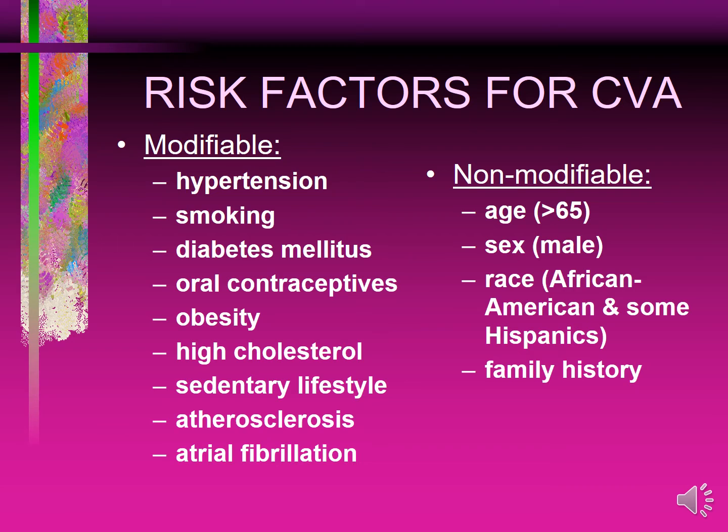If you haven't listened to that lecture yet, you'll notice that when you do listen to it, the risk factors are very similar to this list as well. And the reason is because it's really the same disease, whether we're talking about the blood vessels in the brain or the blood vessels in the heart or the blood vessels in the peripheral limbs. The blood vessels are the blood vessels, and the risk factors affect them regardless of what location they're in the body.